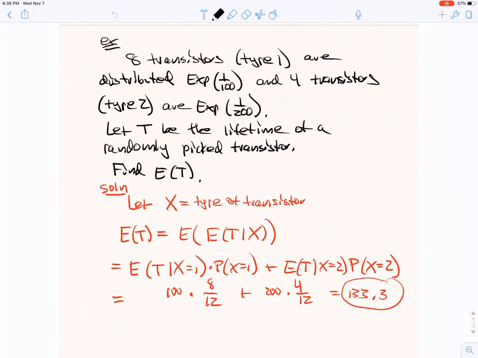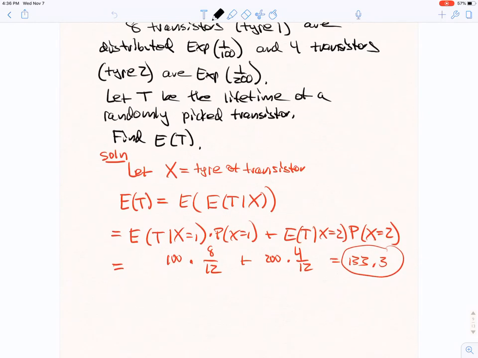But we did an example. You have 8 transistors of type 1, distributed exponential 1/100, and 4 transistors of type 2, exponential 1/200. T is the lifetime of a randomly picked transistor. Find the expectation of T. So let X be the type of transistor. The expectation of T is the expectation of the conditional expectation. And we can just write this out and we get 133.3.